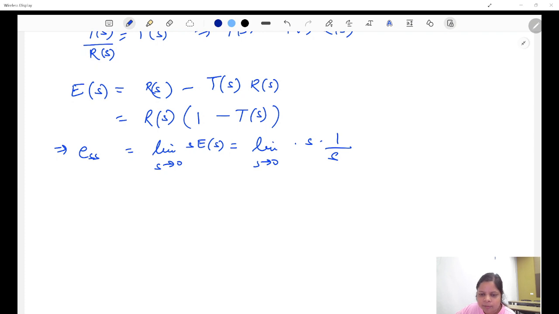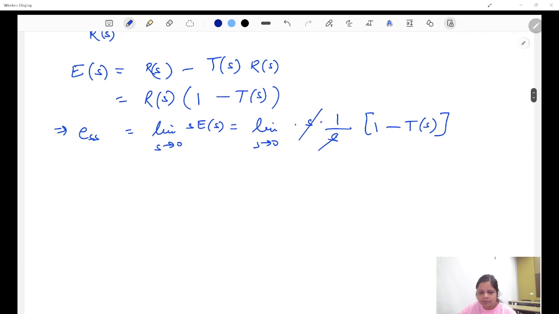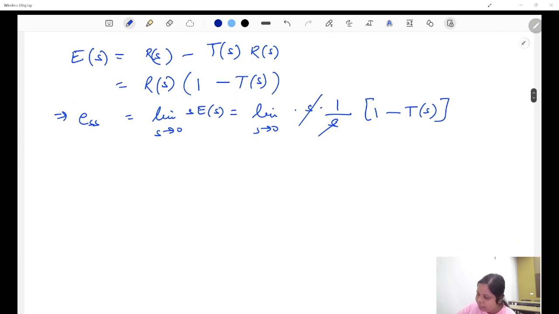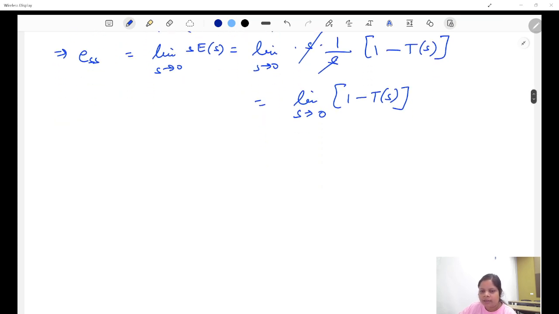RS is 1 by S because it is a unit step input, and then we have 1 minus TS. So these cancel out, right? And from here what you get is limit S tends to 0 of just 1 minus TS. Okay, that remains for now.